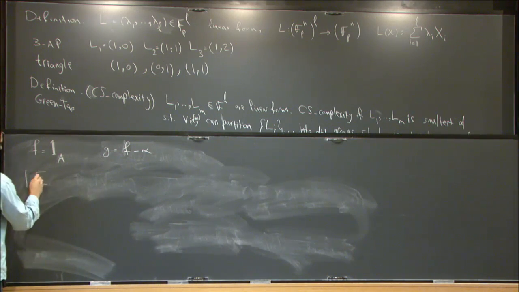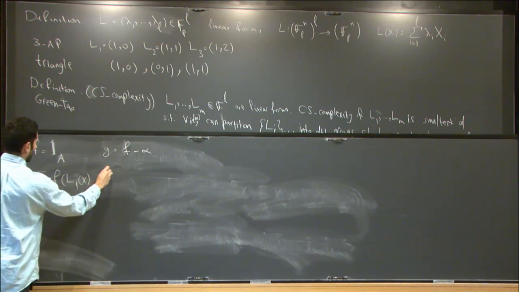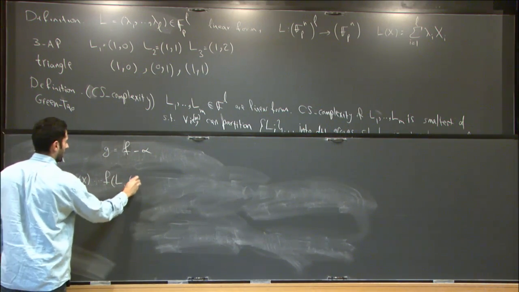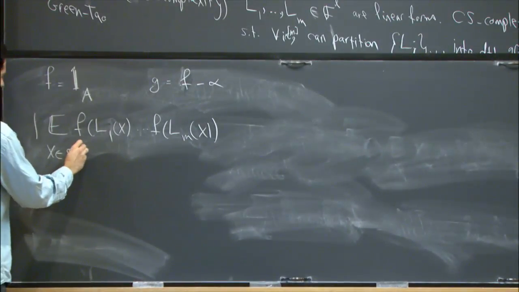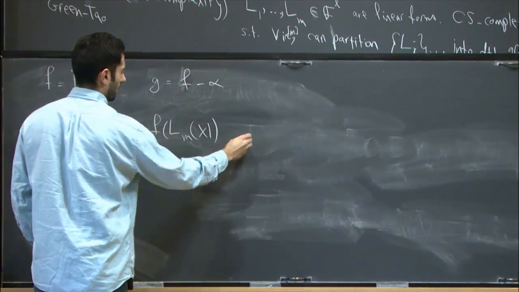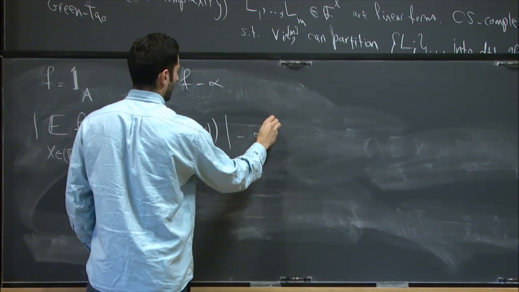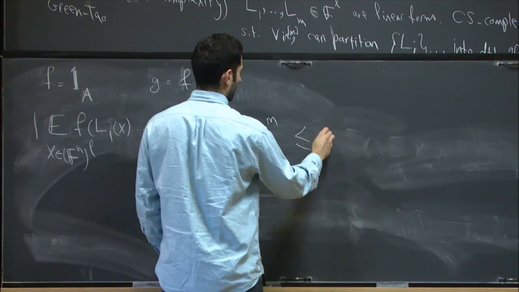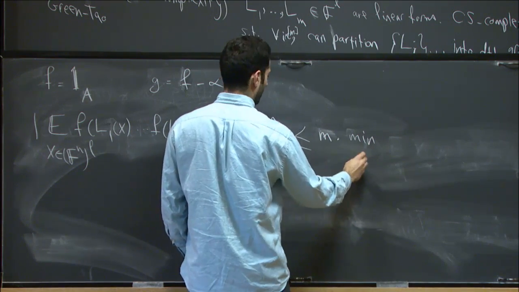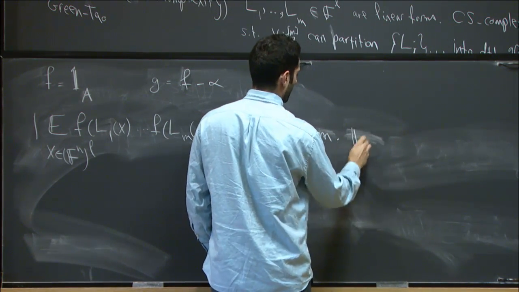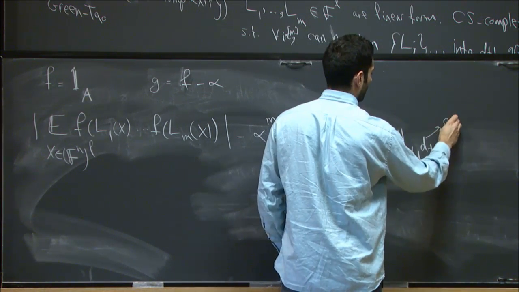I claim that the expected value of f of L1 of x up to f of Lm of x, for x in (F^n)^l, minus alpha to the m, is bounded by m times the U^(d+1) norm of g, where d is the CS complexity.